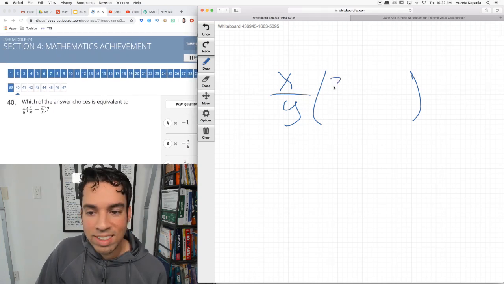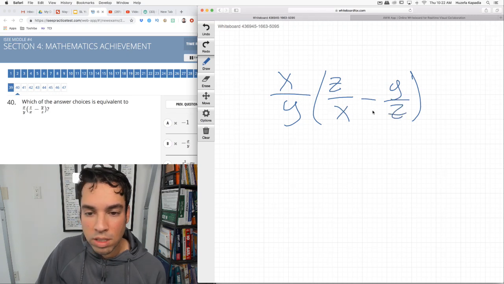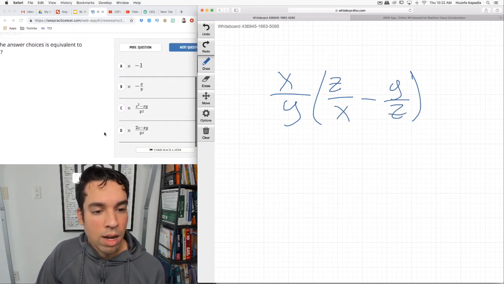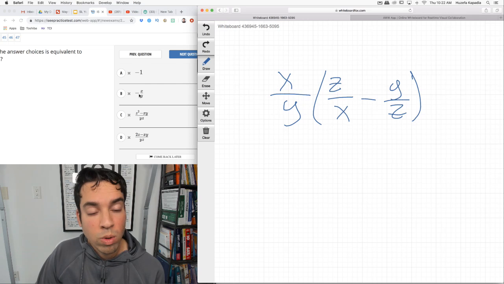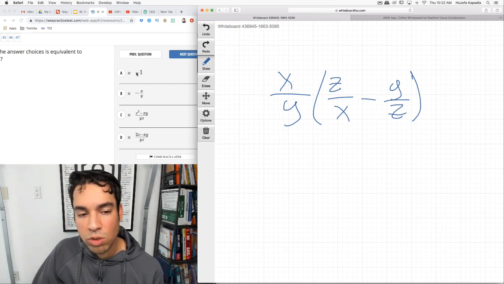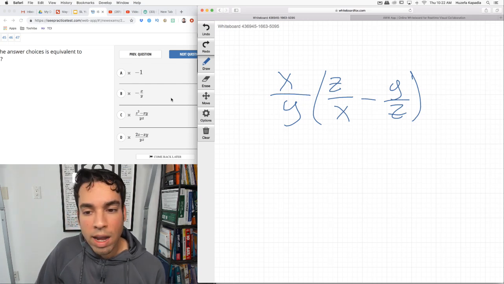So it's z over x minus y over z. Hold on, sometimes you have to look at these options too. So what I'm seeing is this one, does it reduce to -1? Well, we'll see. Or I have a single denominator of y, which I just don't think is going to be possible. What I'm looking at is we want a denominator of yz is my assumption. So let's distribute.